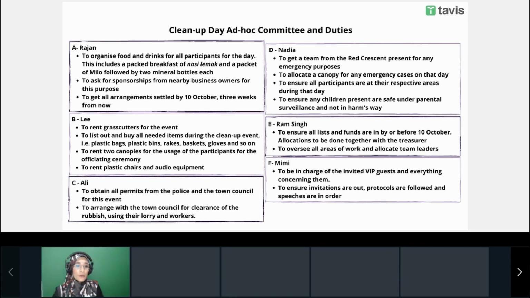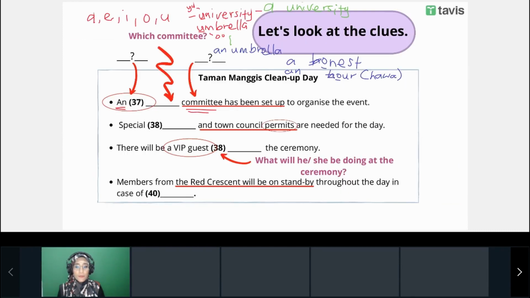Does it begin with a vowel? Yes. So this is the word you are looking for: ad hoc. An ad hoc committee has been set up to organize an event.